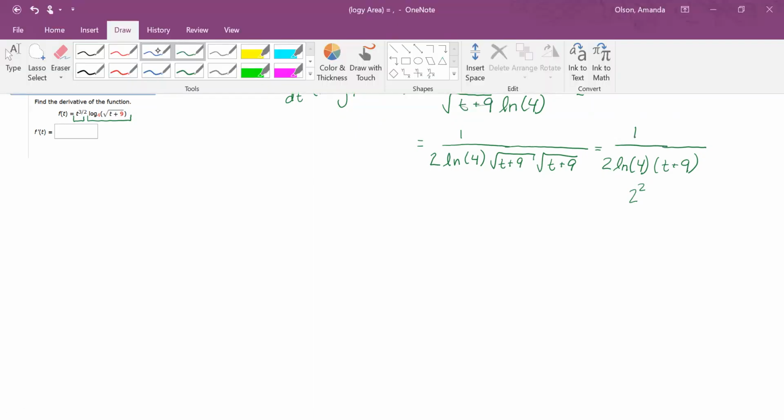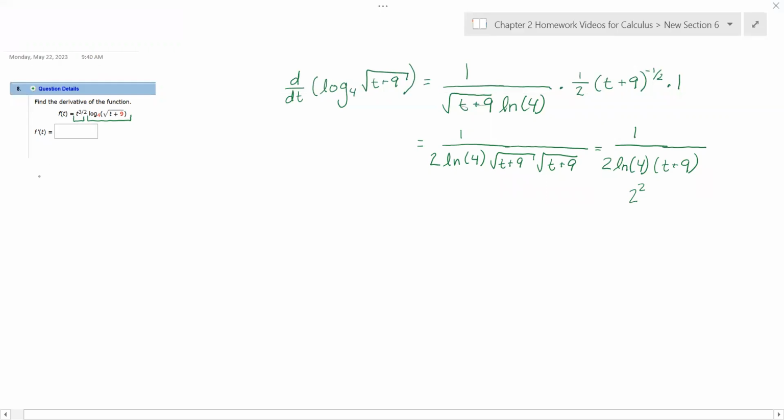I'll show you what the textbook did when they differentiated. Of course they had the f prime of t, and they took that first term. So this is equal to 3/2 t to the 1/2. And then to differentiate the other factor, if you didn't want that 1/2, what you could have done at the start is bring that 1/2 over to an exponent.